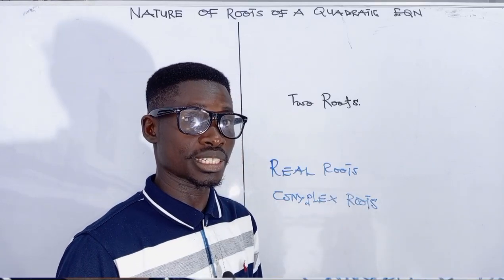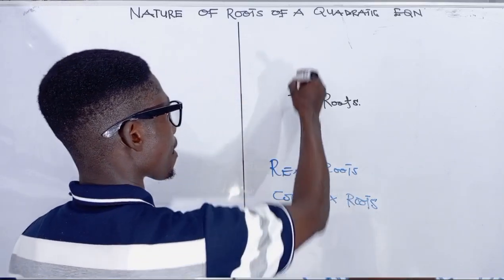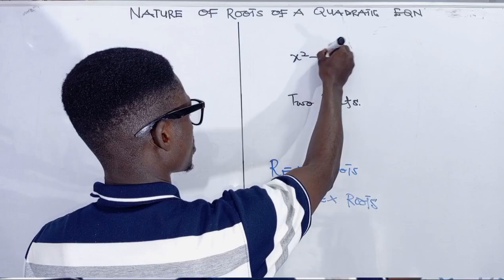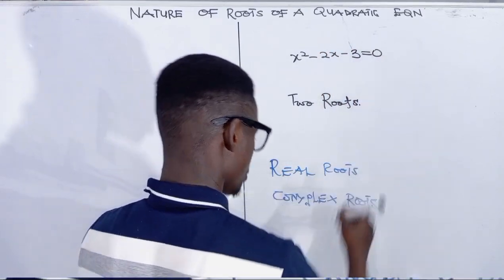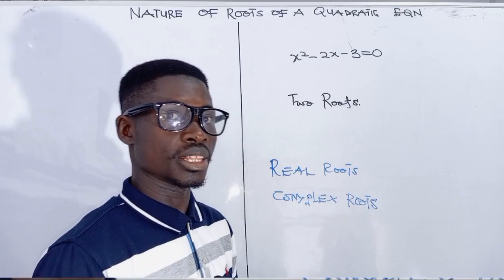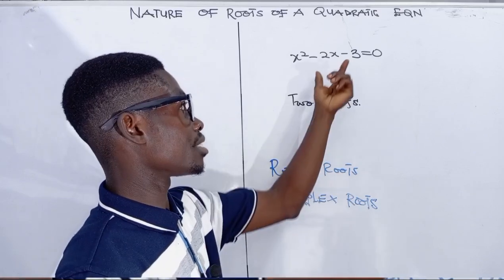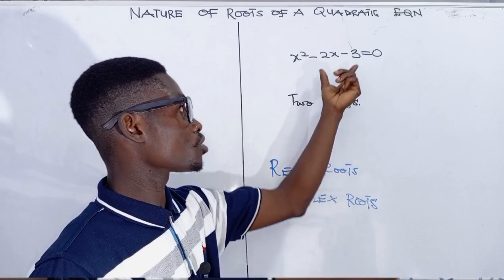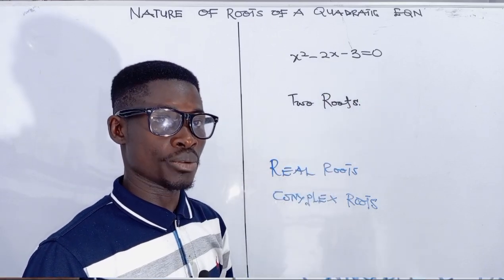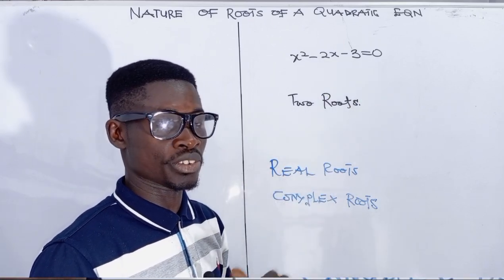So when you have a quadratic equation of this form, the solutions or the roots of this quadratic equation are going to be what? Two roots. Now we can solve this using any of the methods that we have already discussed in our previous lesson.